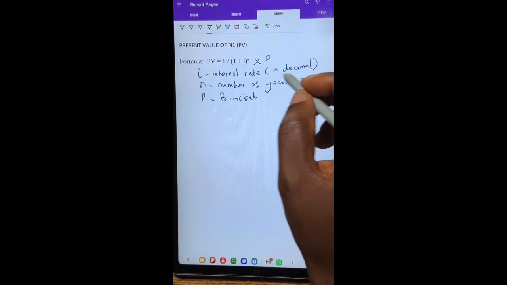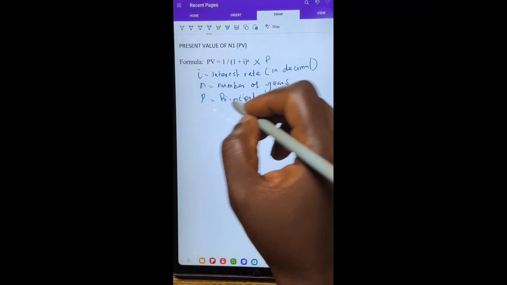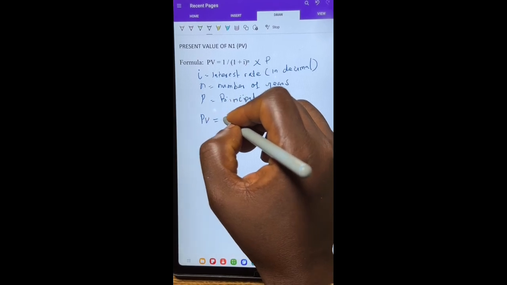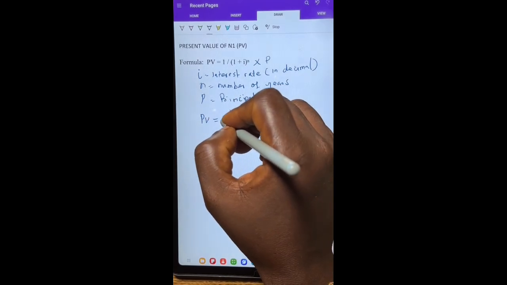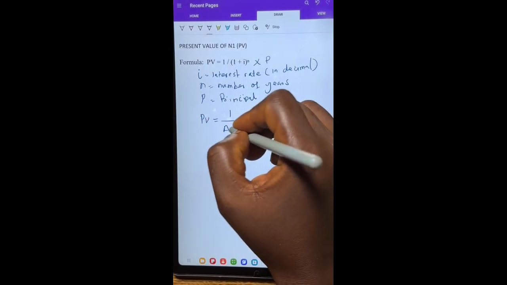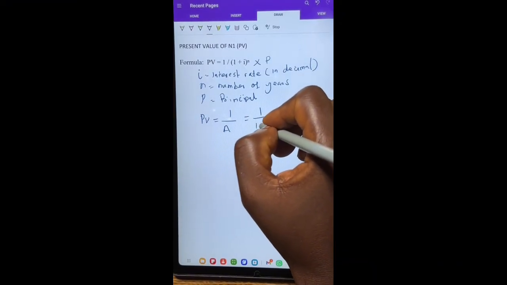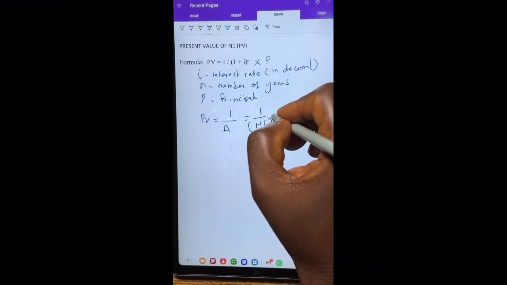Basically, once you know your amount of 1 naira, your PV is simply equal to 1 over A. And remember, A is 1 plus I raised to power n.